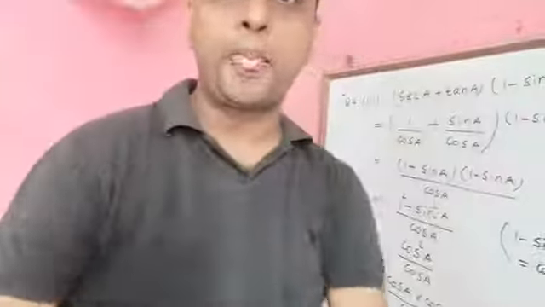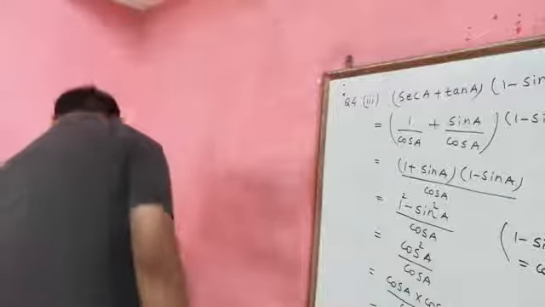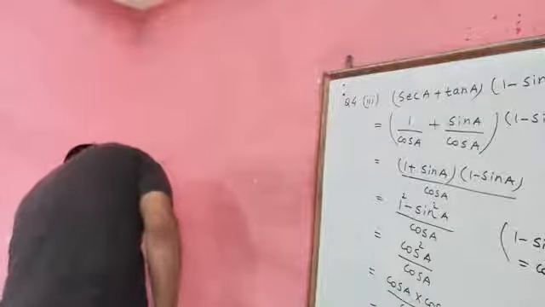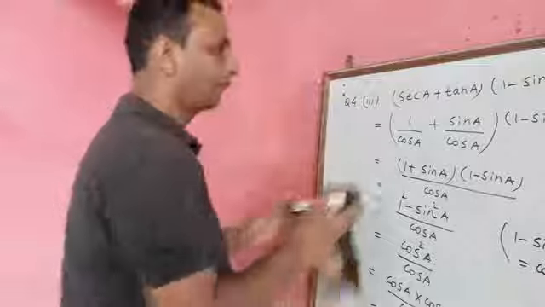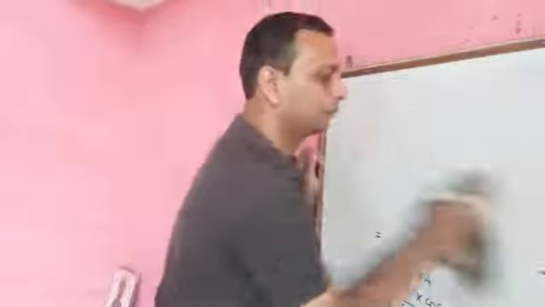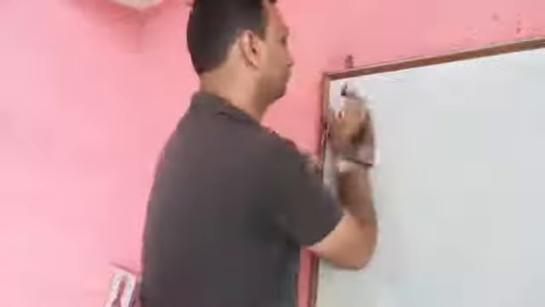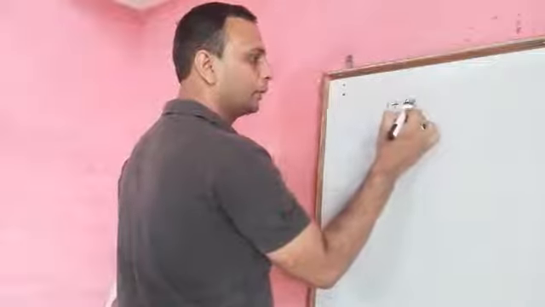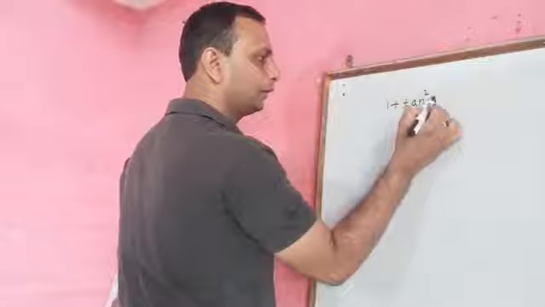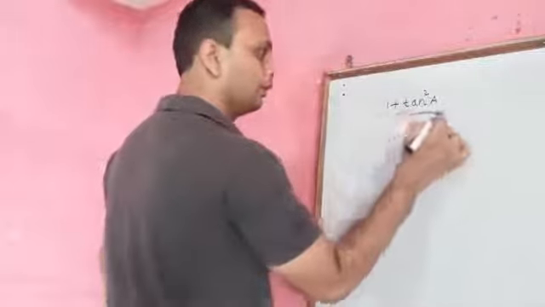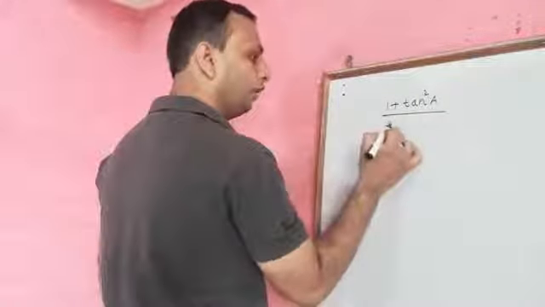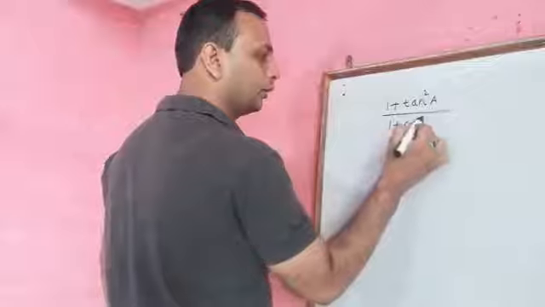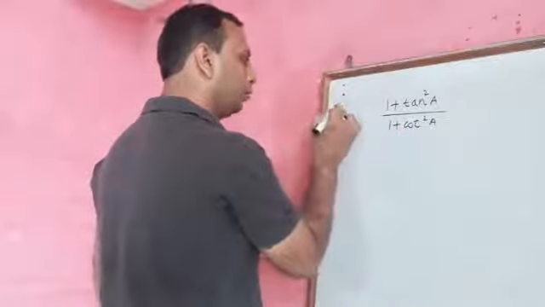Now we will solve the question number 4, last one. 1 plus tan square upon 1 plus cot square. This is the fourth.